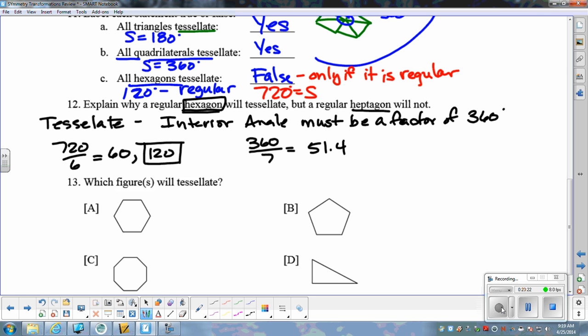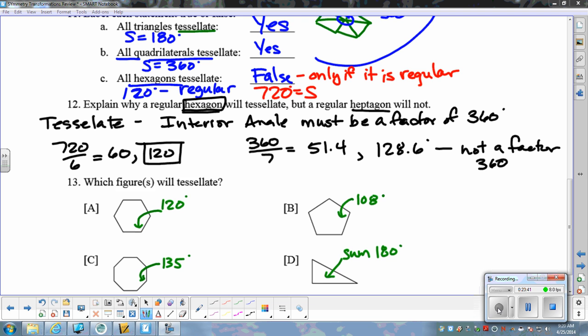And then the interior angle would be that subtracted from 180, which is going to give me 128.6 degrees. So therefore, this is not a factor of 360, and therefore will not tessellate.